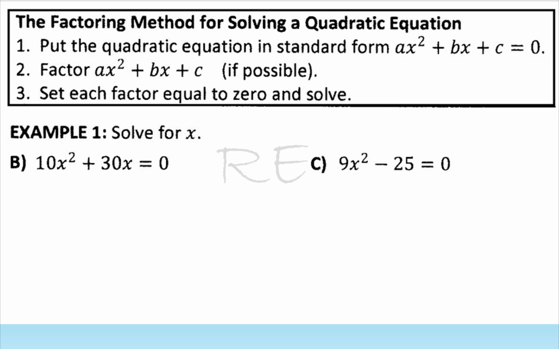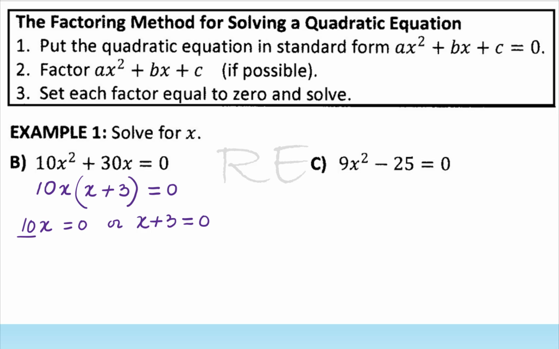We're going to factor the greatest common factor. Between 10 and 30, the greatest common factor is 10. Between x and x squared, the greatest common factor is x. We are left with x plus 3. So 10x times x plus 3 is equal to 0. It's either 10x equal to 0 or x plus 3 is equal to 0.